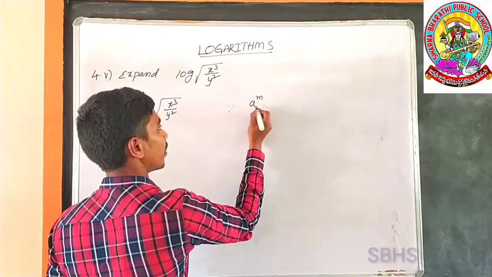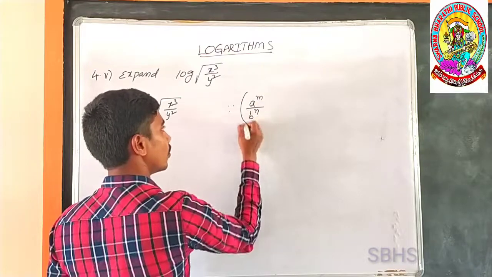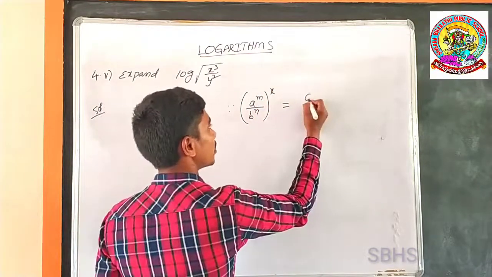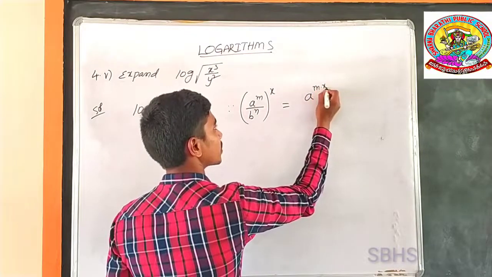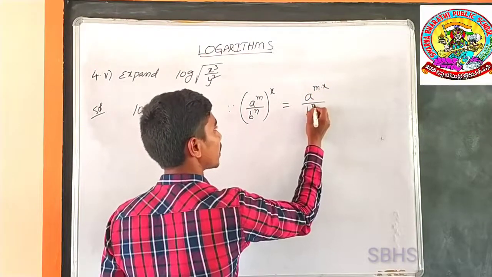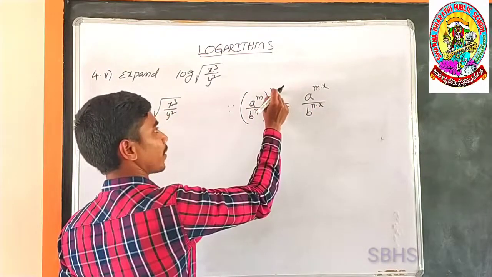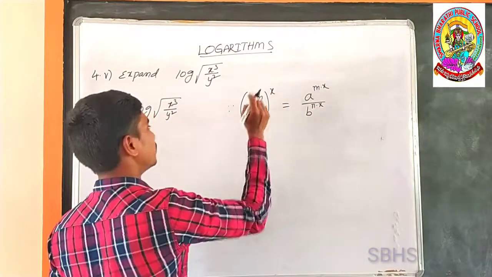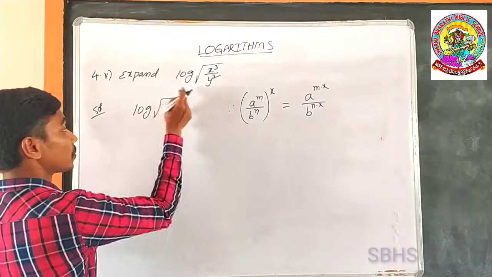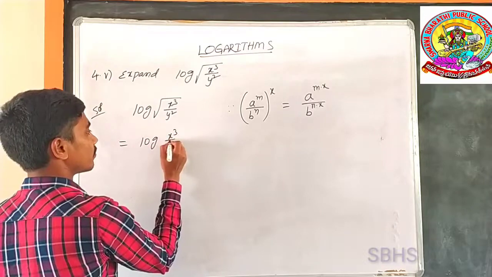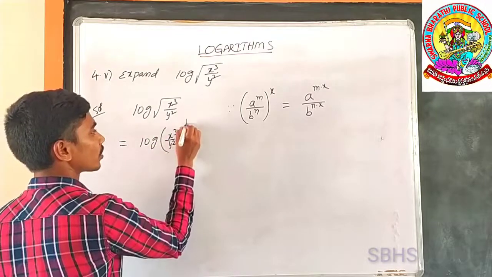A power m by b power n whole power x. Here means a power m into x by b power n into x, because power x is common to the a by b. Here also same, square root means log x cube by y square whole to the power of 1 by 2.